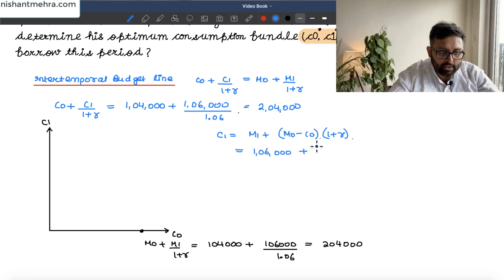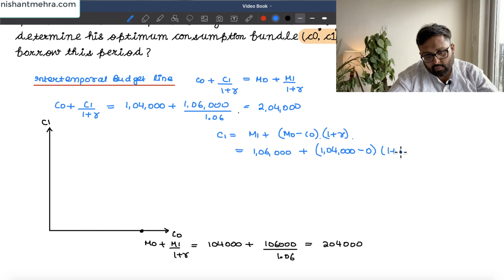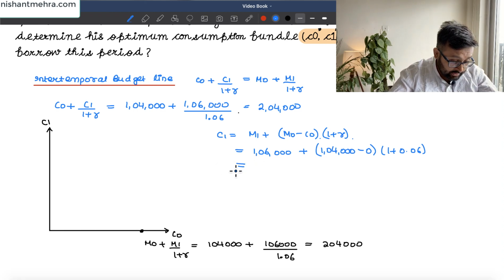You are not consuming anything today, so it is 1,04,000 minus 0, into 1 plus 0.06. When you solve this, you will be getting 2,16,000. I guess it is going to be 240, I guess.